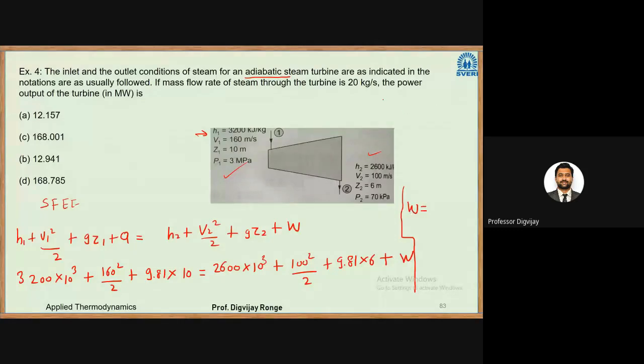This was asked in GATE 2009 for 2 marks. Not this exact one, but this will be asked for 1 mark. Calculate. So why is it taking so much time?